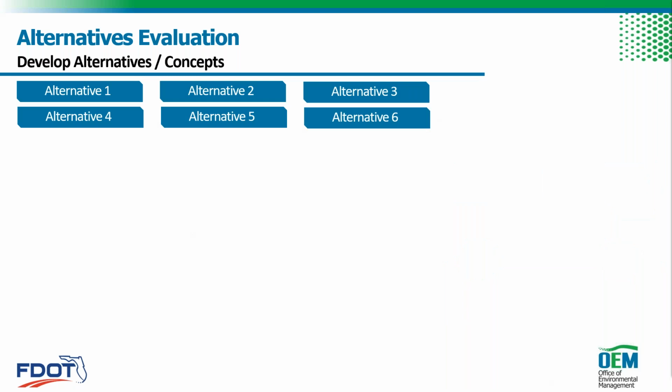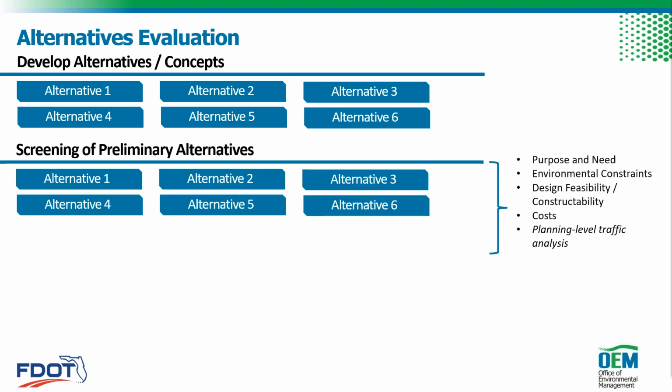All right, so you might be thinking that these are a lot of alternatives that are needed, and that's true, but there's some good news. A lot of them can get ruled out pretty early on in the process. Here's an example project where we've developed 6 alternatives, and we begin with the screening of these alternatives.